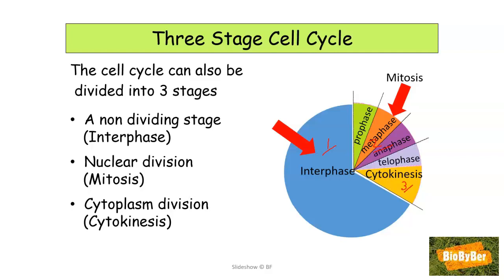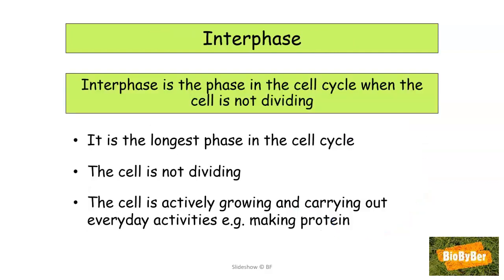So in a nutshell, the cell cycle is divided into interphase, prophase, metaphase, anaphase, telophase, and lastly, cytokinesis. But more about that later. For the moment, we will just accept the fact that the cell cycle is divided into 2 main stages. Let's look at each of these stages.